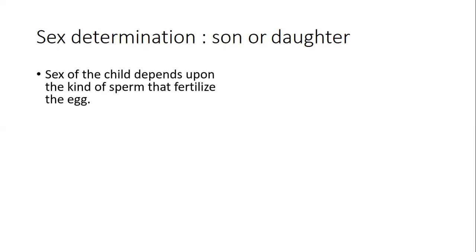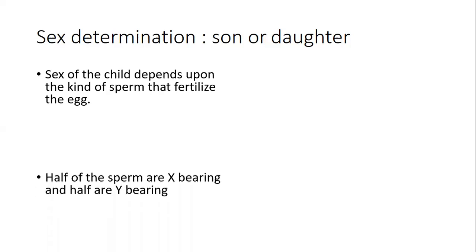If you remember, we had seen that in females the sex chromosomes are X and X, whereas in males it is X and Y. X and X is diploid, and the sperm or egg are haploid, meaning they will have only one set of chromosomes. So when the egg is formed, all the eggs will have one X chromosome.